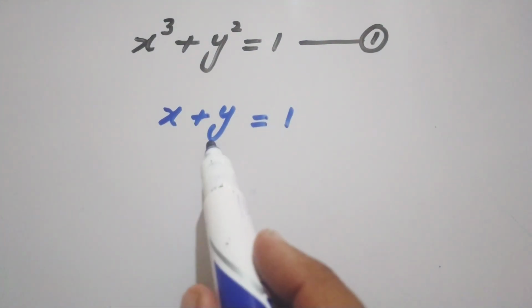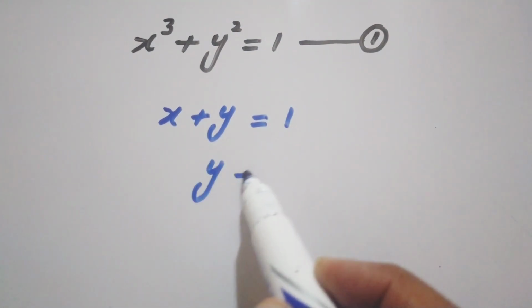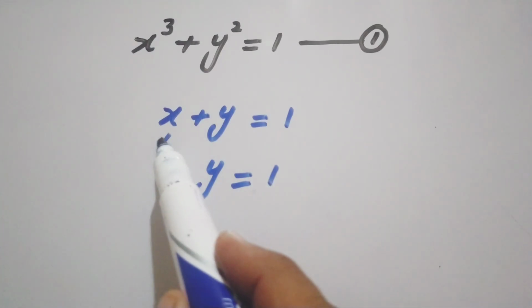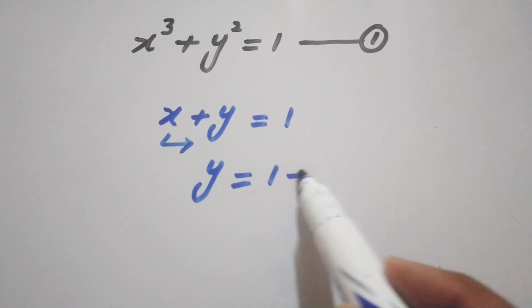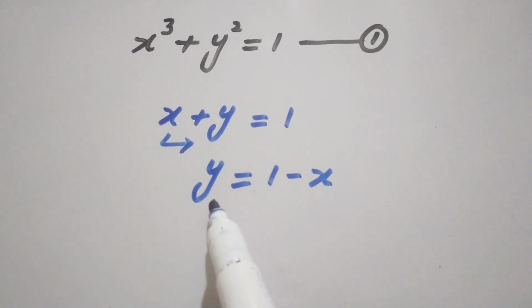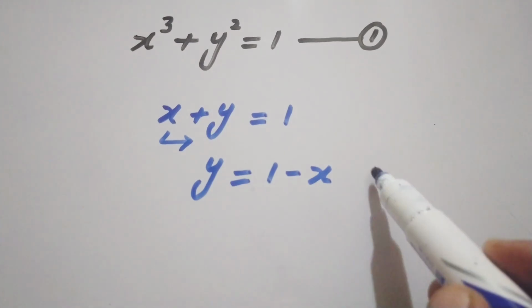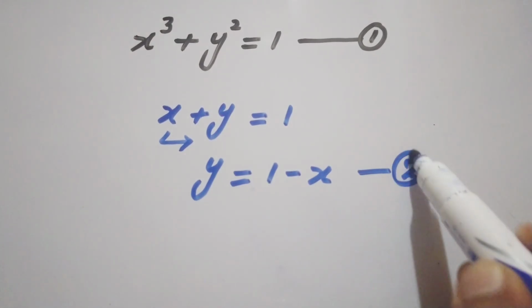From this we will find the value of y. Move this x from left hand side to right hand side, it will become negative. So y is equal to 1 minus x. Say this is equation number 2.